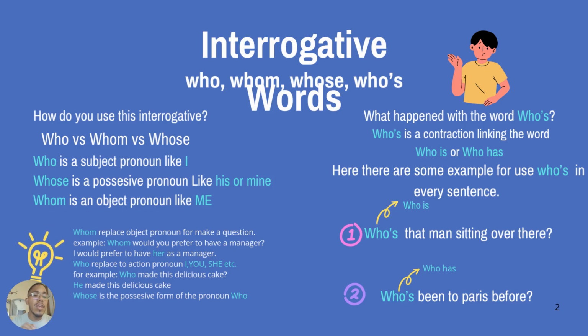Number two is who's been to Paris before? Look at this. This sentence means who has been to Paris before? We ask with the interrogative word, and we complete it by asking the other person what they do or what action they did.